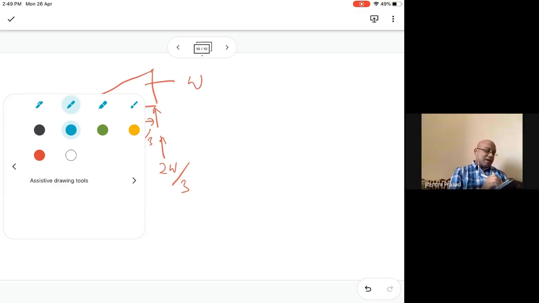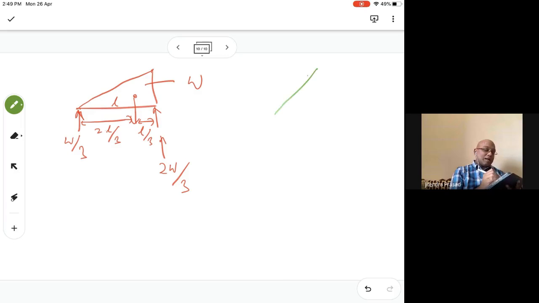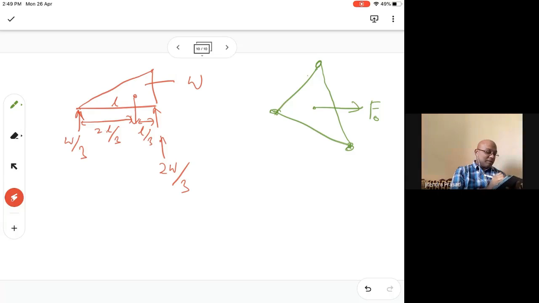Similarly, let us say you have a triangular element. One of the questions may be that there is a force in x direction here, F0, acting at the center of mass, or the CG, or centroid.